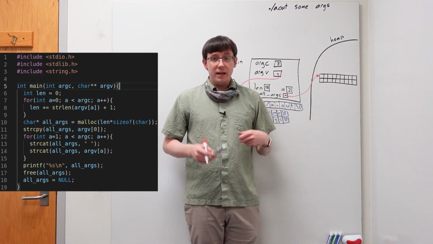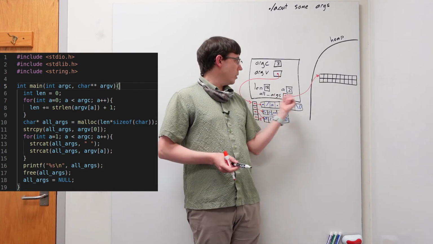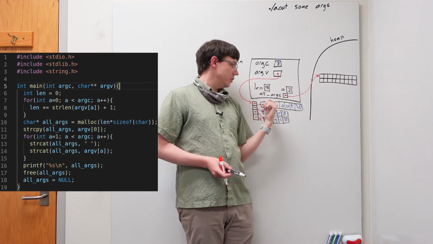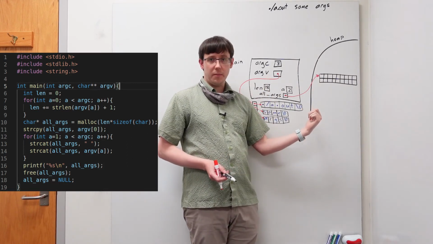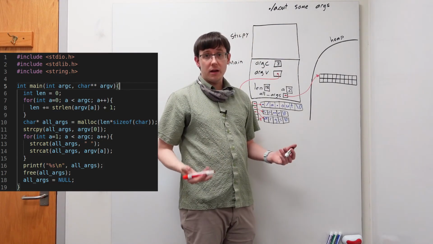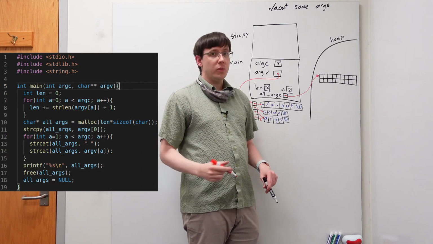But on line 11, we call strcpy, passing in our pointer to all args and a pointer to the a.out string. Again, we're not going to analyze strcpy in detail, but we should think about what arguments we passed in.